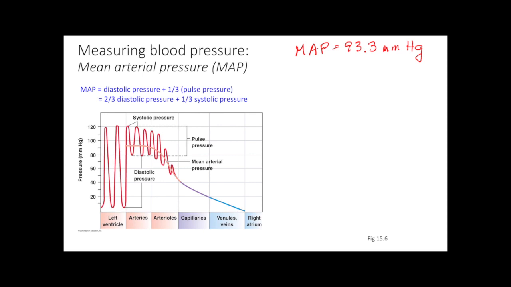Okay, so we are going to start by calculating MAP using this method right here. MAP is equal to diastolic pressure plus 1/3 pulse pressure. Our diastolic pressure is 80 millimeters of mercury.